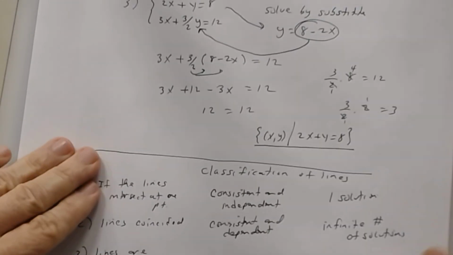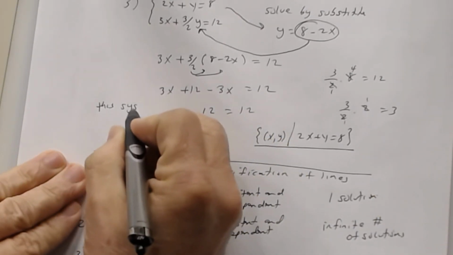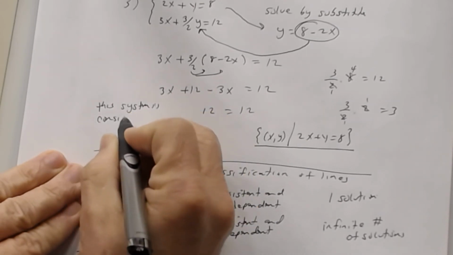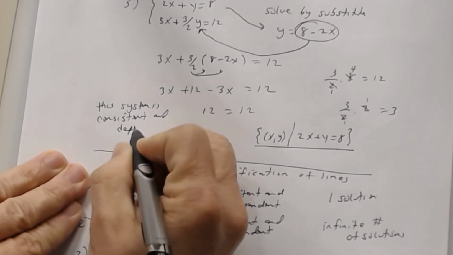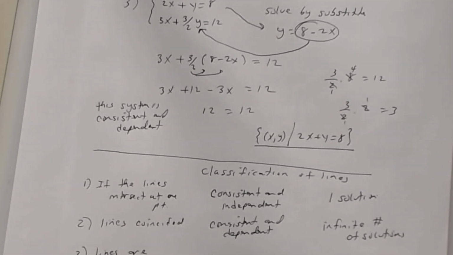So this system is consistent and dependent. Okay? Consistent and dependent. All right, so that should help you with worksheet number 3.